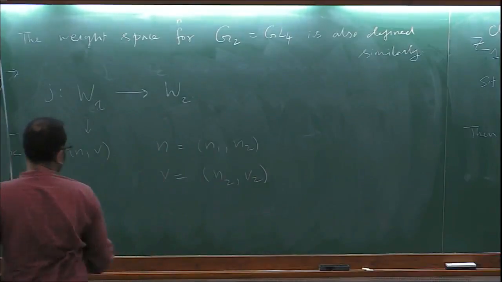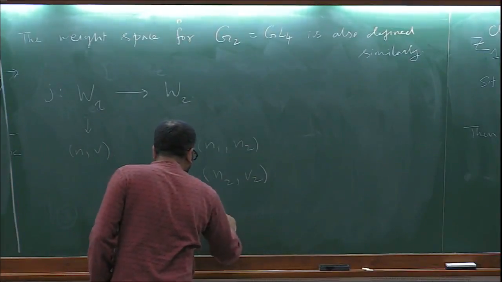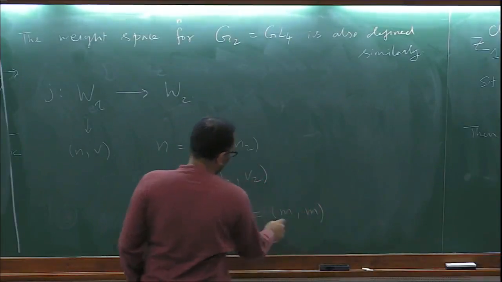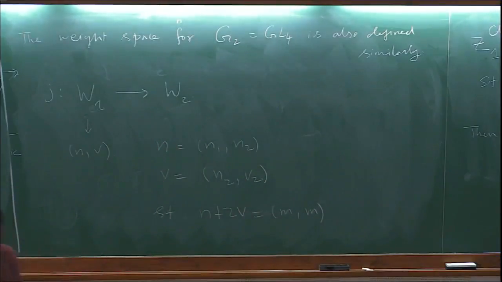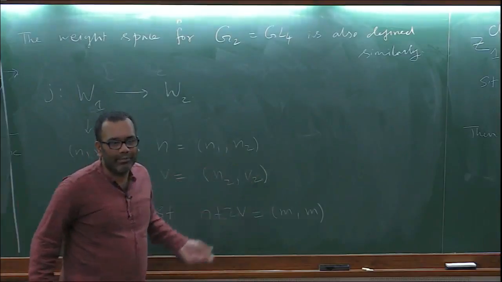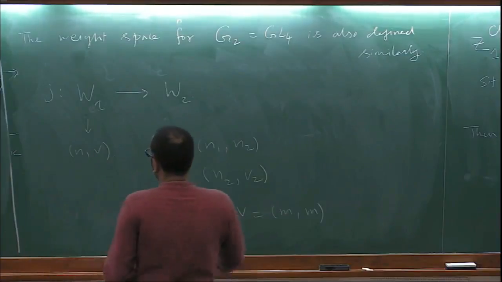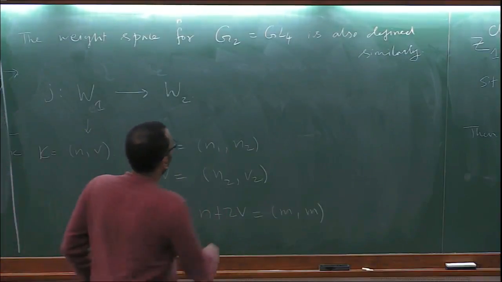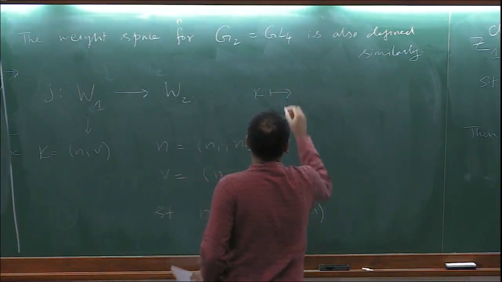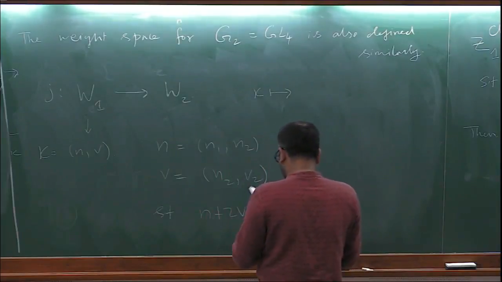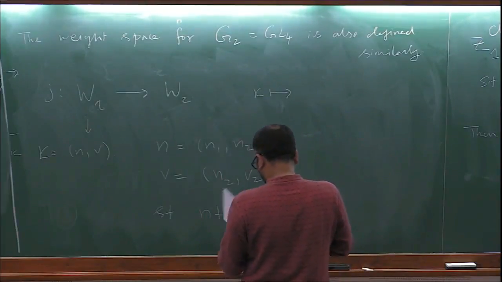This condition says that n plus 2v is parallel, so this is some (m, m). I'm working with Hilbert modular forms over a quadratic extension, so a weight is a tuple of integers, one for each embedding. Now suppose kappa is this weight, then what is kappa going to map to? You can check that kappa will map to, sorry, where is this?